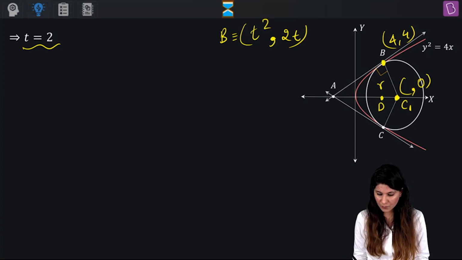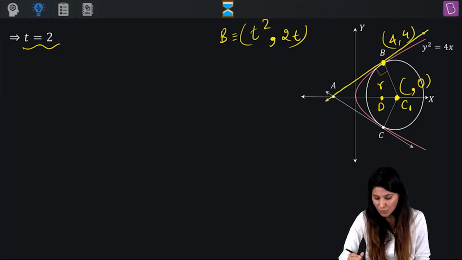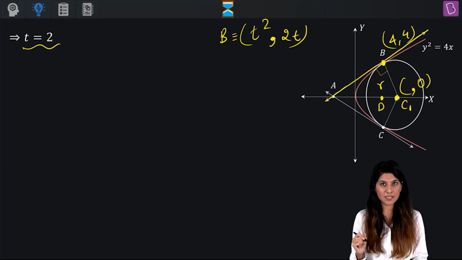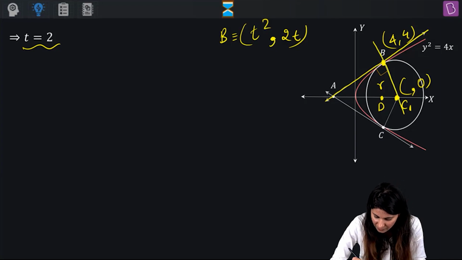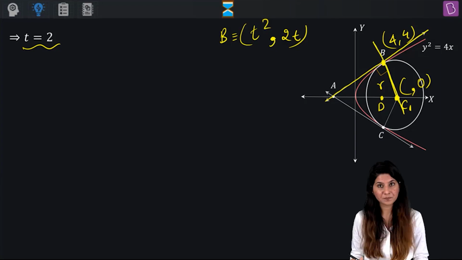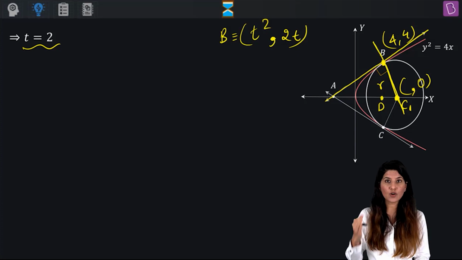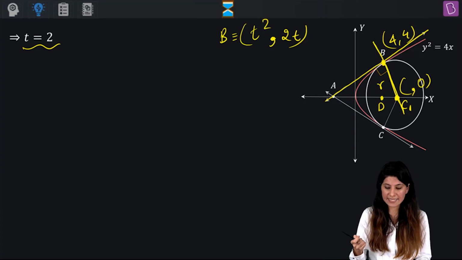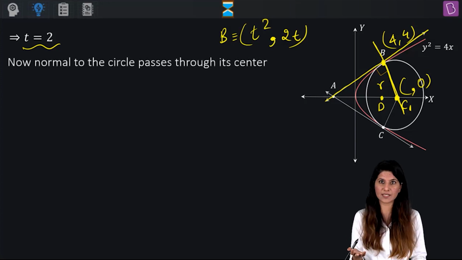How to get it? Okay. So basically, line AB is a common tangent to the parabola and the circle, right? If I try to draw the normal to this parabola, that normal will pass through C1, isn't it? Because that normal will be normal to the circle as well, right? If there is a common tangent, definitely there will be a common normal, isn't it? So basically the normal to the circle passes through the center.